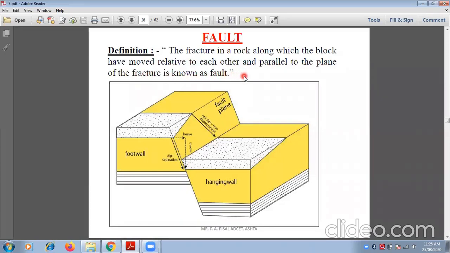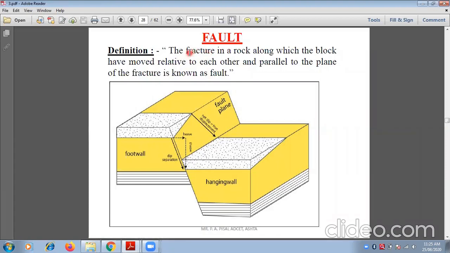Now we will see the meaning of this definition. Fault is nothing but a fracture. The meaning of fracture is just a crack or a joint present in the rock. That joint is considered as a fracture. Such fractures have different dimensions.